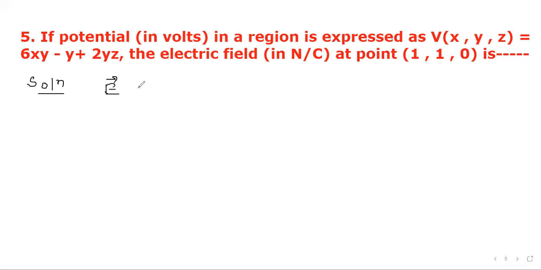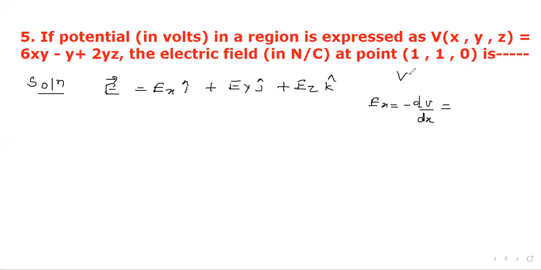E will be equal to Ex i cap plus Ey j cap plus Ez k cap, and Ex will be minus dV upon dx. So here V is given as 6xy minus y plus 2yz.